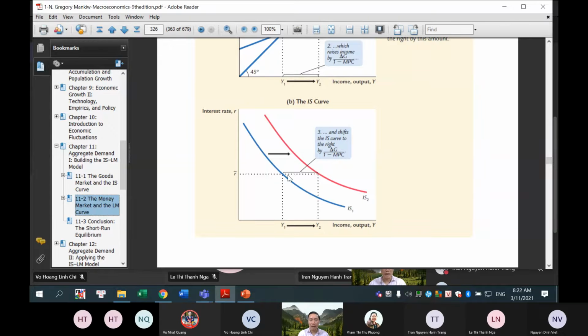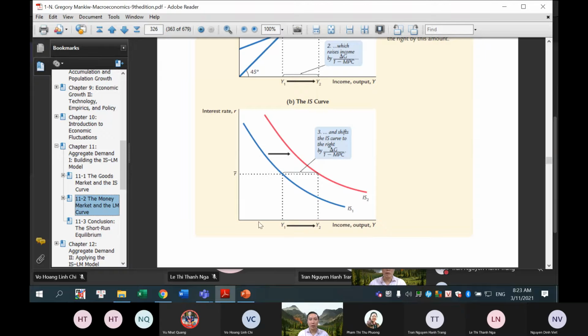Okay, for instance, at the beginning the interest rate is R-bar at this point. So now the equilibrium output is Y1. Okay, so this is the first equilibrium. But now the interest rate goes up to R2, for instance here. The interest rate goes up, so the investment spending will be reduced, and therefore the economy will produce less.